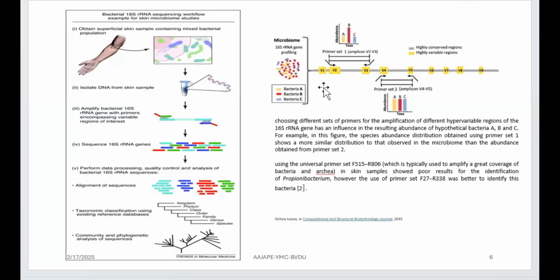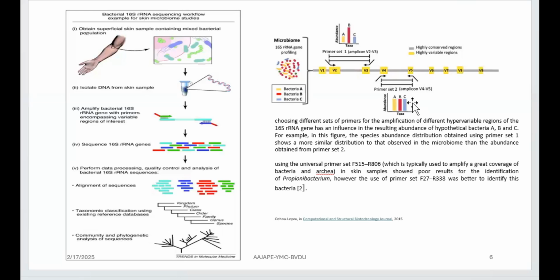So here comes the step ahead, choosing different sets. You are not taking the entire set of V1 to V9, but we are talking here about choosing different sets of primers for amplification of different hypervariable regions. Maybe someone is choosing V1 to V3, someone is choosing V4 to V5, like that. So these are different sets they are chosen, and they are amplified only.